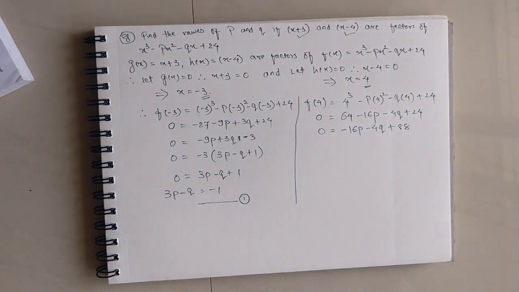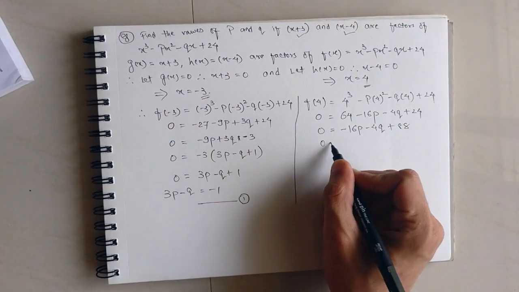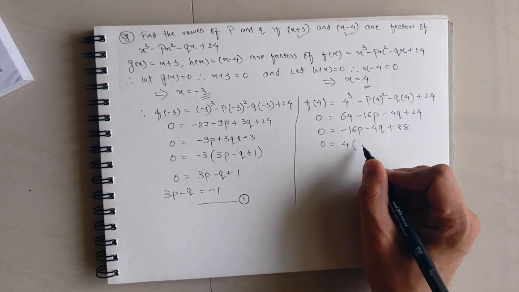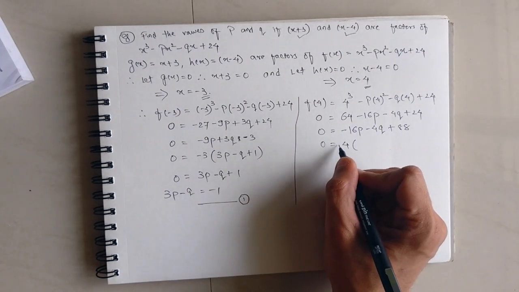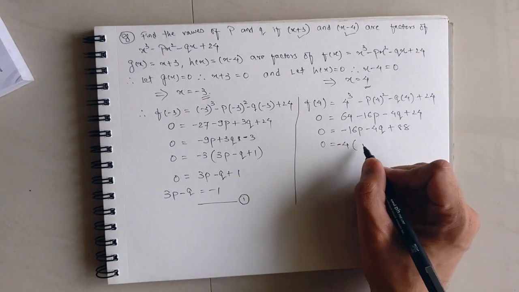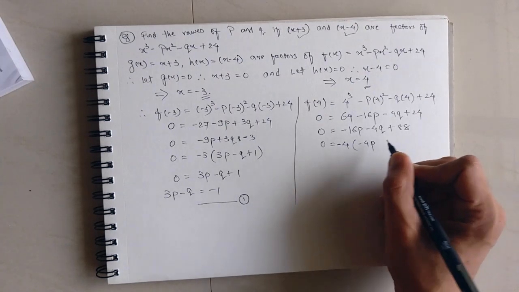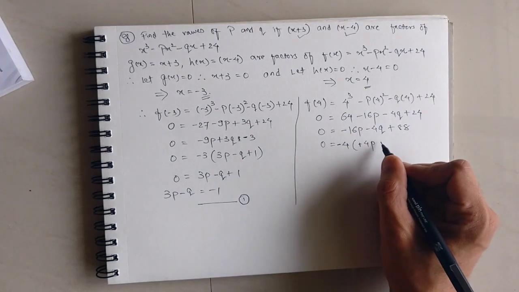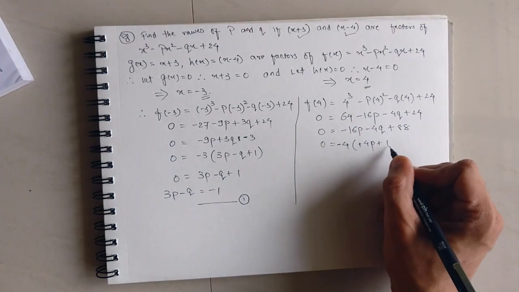If you want, you can take out something common. 4 is common, let's take it out. Let's take out minus 4 common, so this will become positive. It will become plus 4p, because minus 4 has gone out, so plus q.